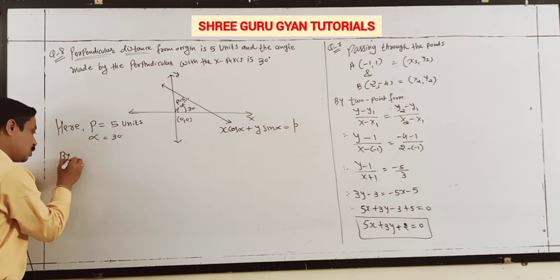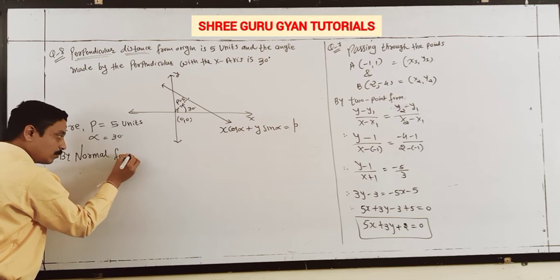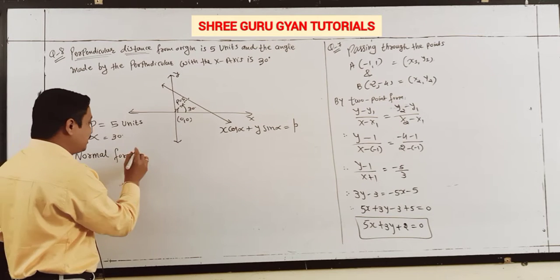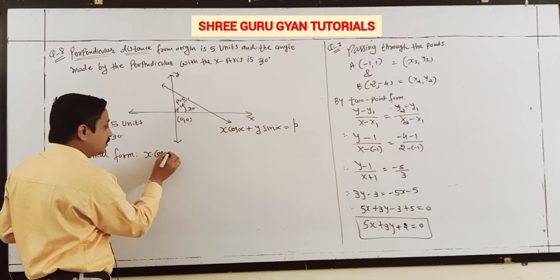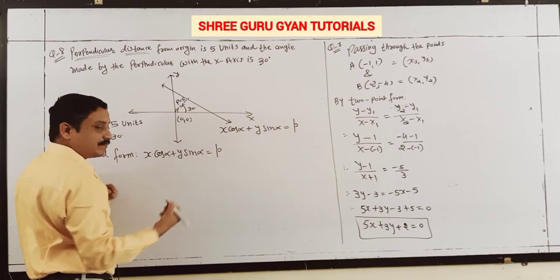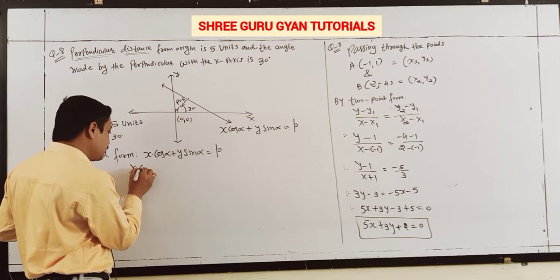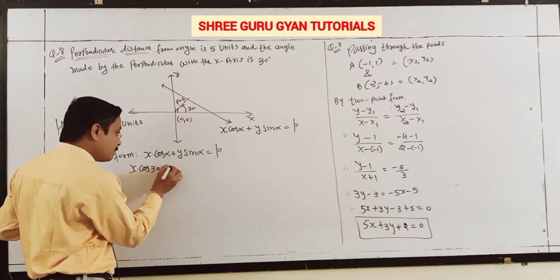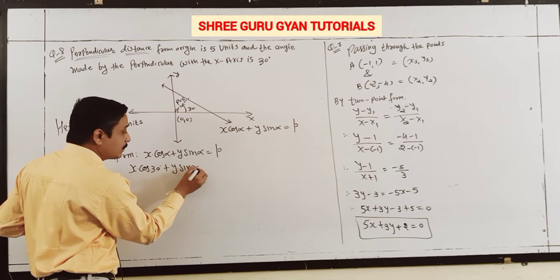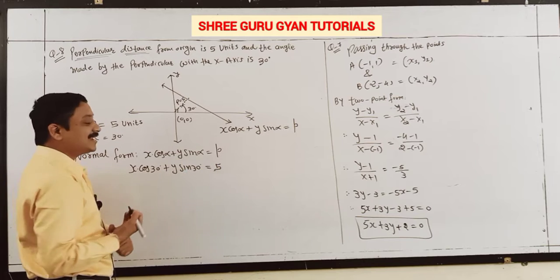So by the normal form property, you know very well, x cos alpha plus y sin alpha is equal to p. Apply the values, students: cos 30, sin 30, and p is exactly 5.